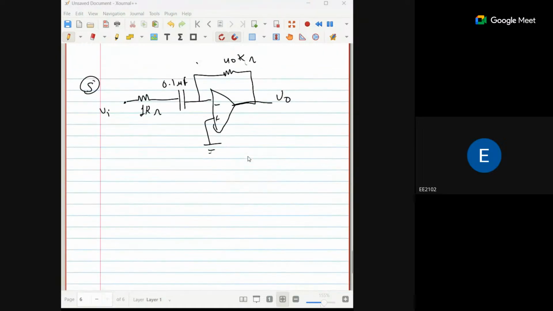Firstly, can we check the cutoff frequency? So what is the cutoff frequency? Can you tell?